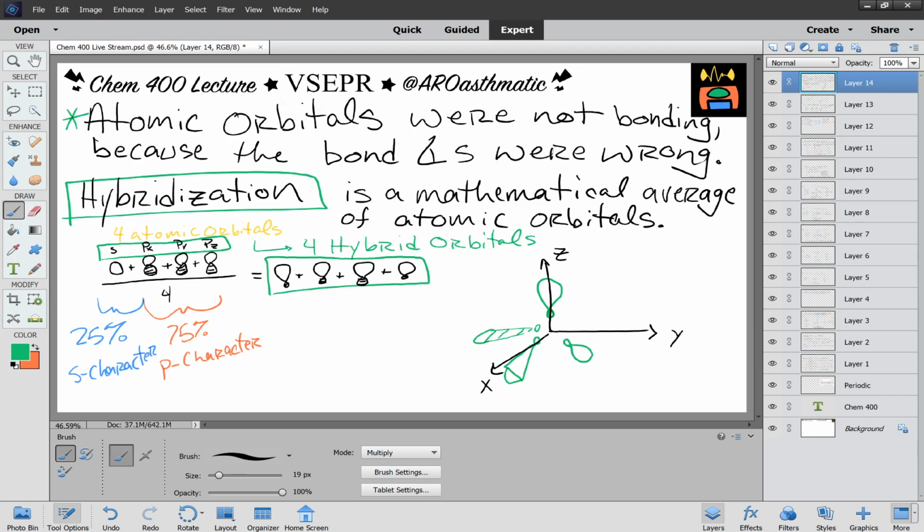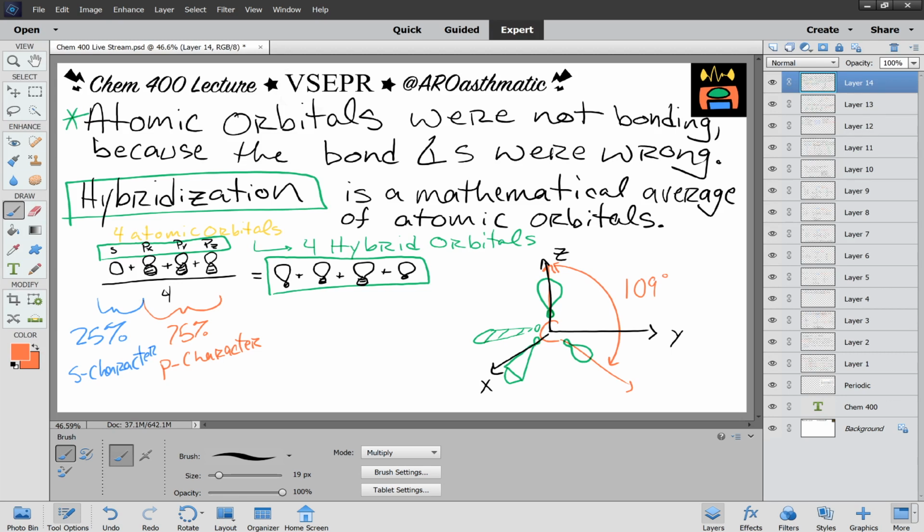And when you measure, so if you put a carbon atom at the center here, I'm going to change my color. If you put a carbon atom at the center and you measure the angle formed by running an axis directly through any 2 of these new hybrid orbitals, the angle formed there is 109. All right.